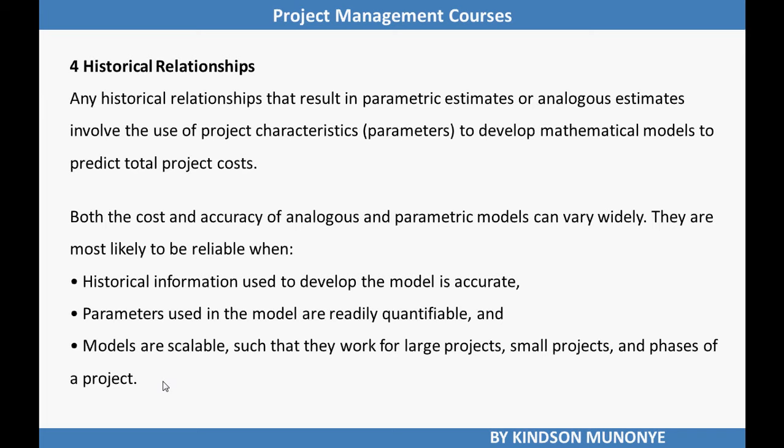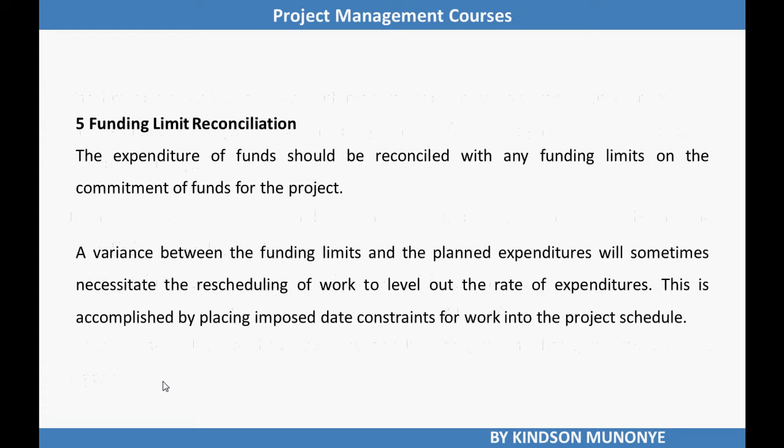Both the cost and accuracy of analogous and parametric models can vary widely. They are most likely to be reliable when historical information used to develop the model is accurate. Parameters used in the model are readily quantifiable, and models are scalable, such that they work for large projects, small projects, and phases of a project.